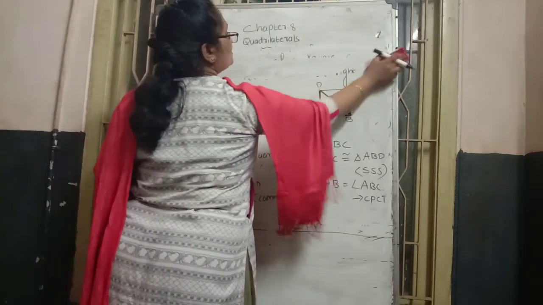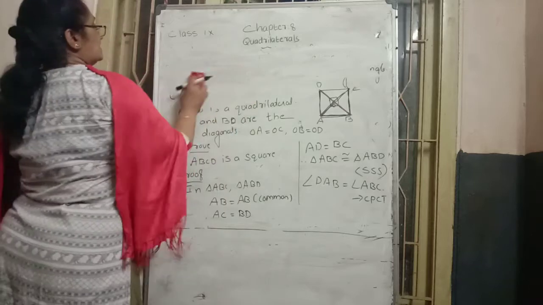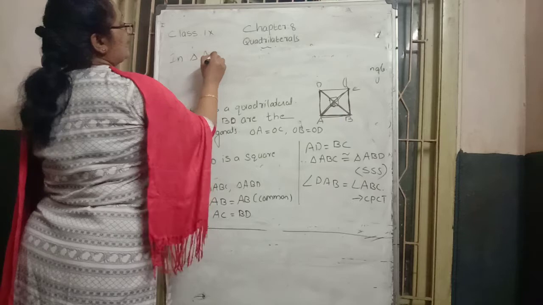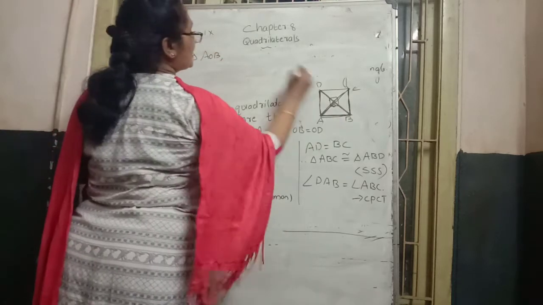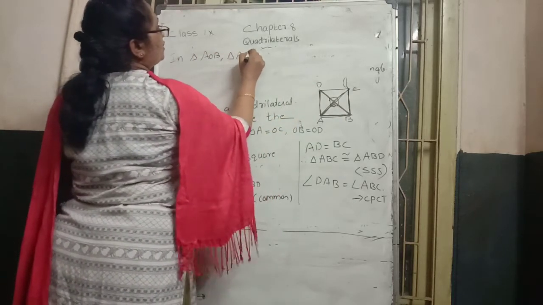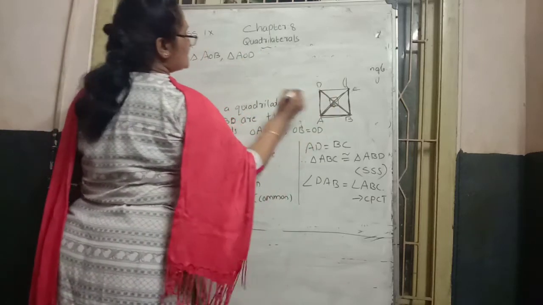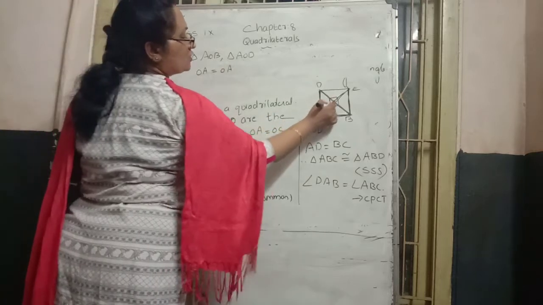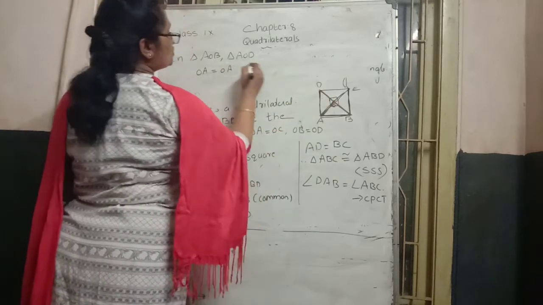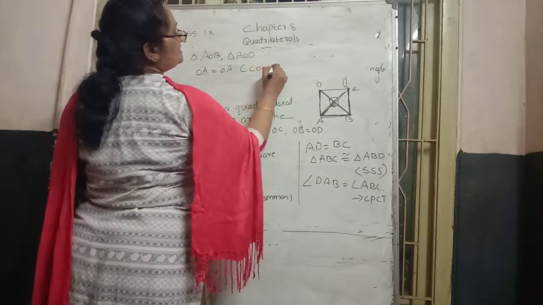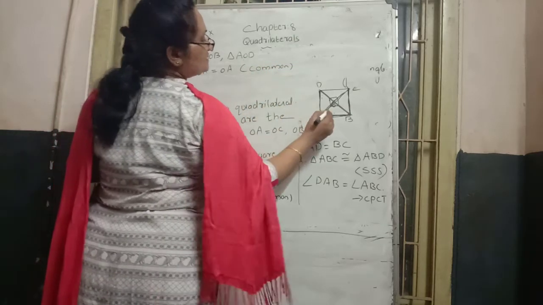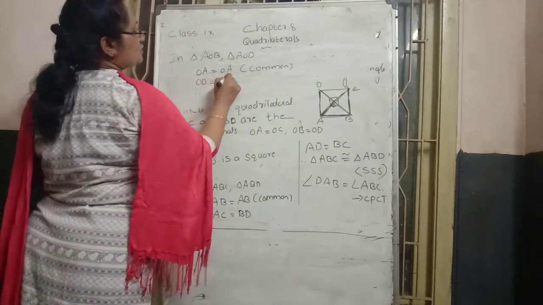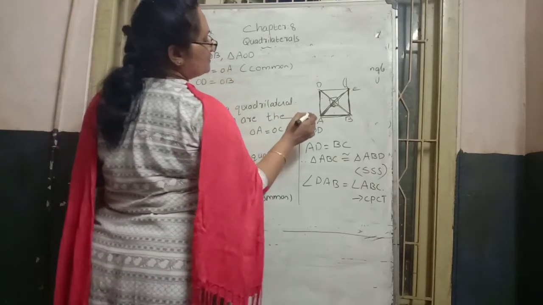The angle also becomes how many degrees? 90 degrees. What can we say? OA is common for these two triangles. OD is equal to OB, already given in the question.